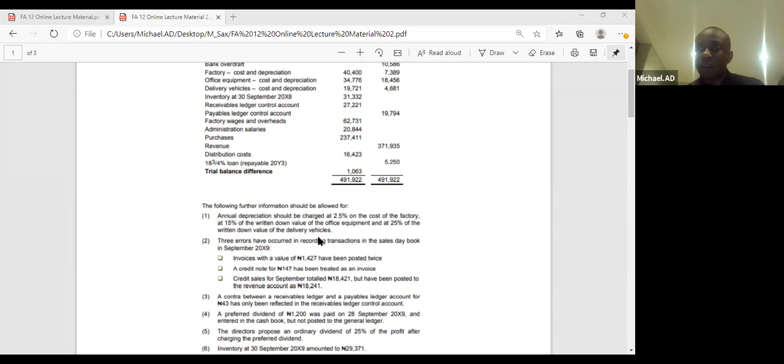But for the delivery vehicle, it said 25% of written down value. That is why we subtracted 19,721 minus this figure. For administrative expenses, it says 15% of written down value of office equipment, the same way we treated the delivery vehicle.